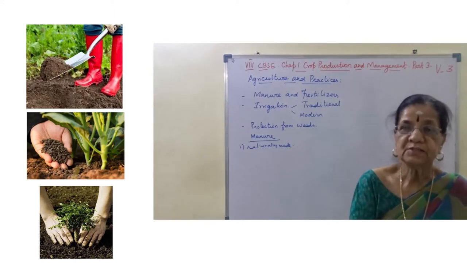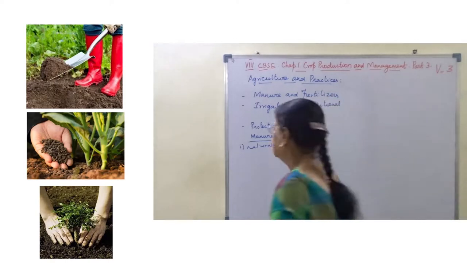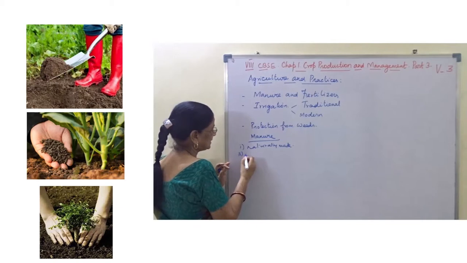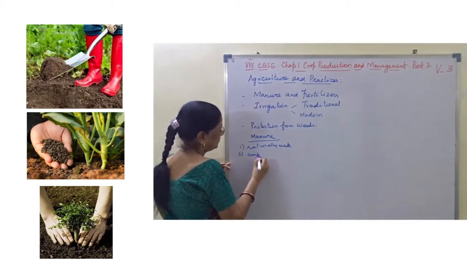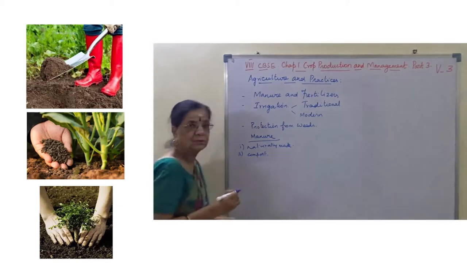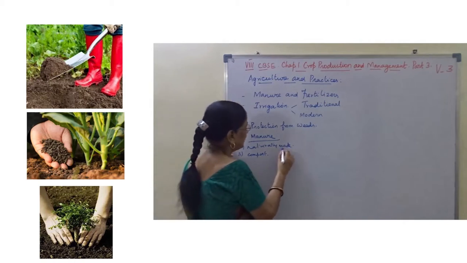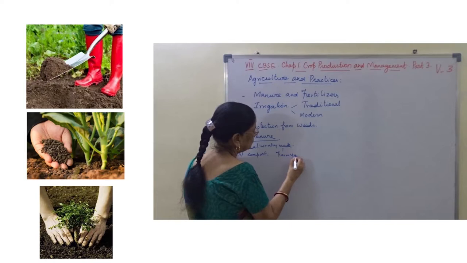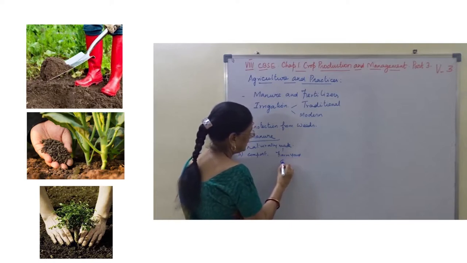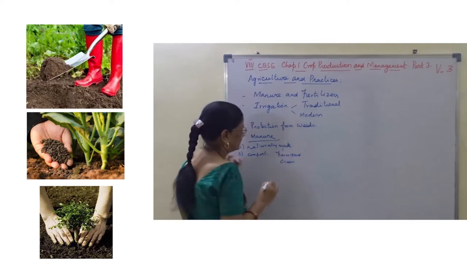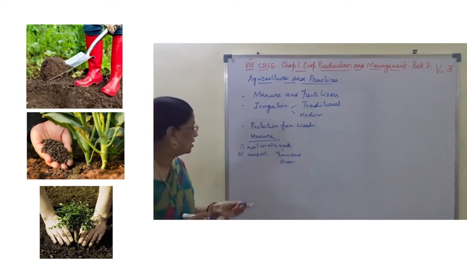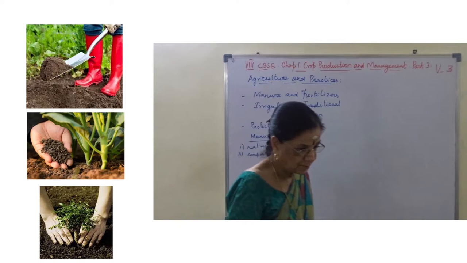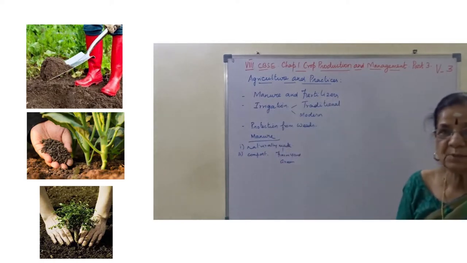And then this manure can be made using compost. Normally this manure is farmyard manure, green manure and compost. Farmyard manure is the dried dead plants and animal remains, and then the vegetable peels.